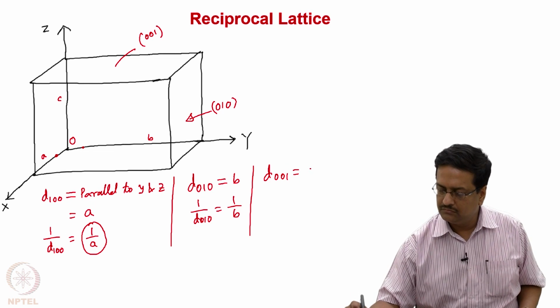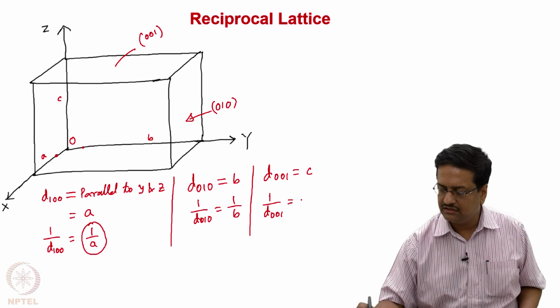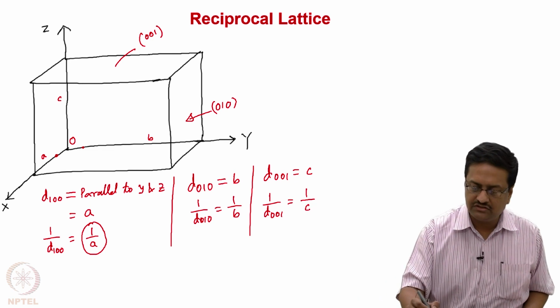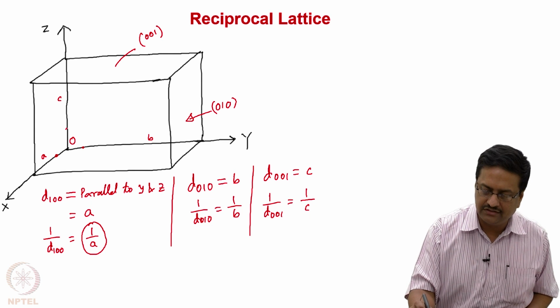So, this is equal to C. So, 1 by D001 is nothing but 1 by C. So we chop it at a distance 1 by C.